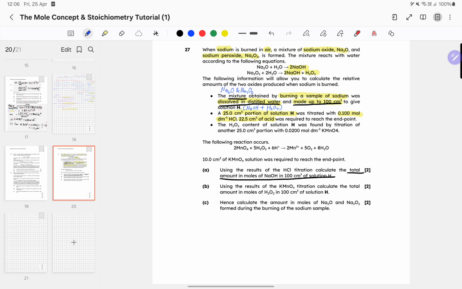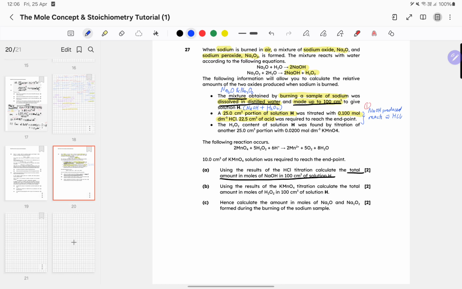So in this case, the NaOH produced reacts with HCl. This is one reaction that you will want to take note of, that you're going to balance later.